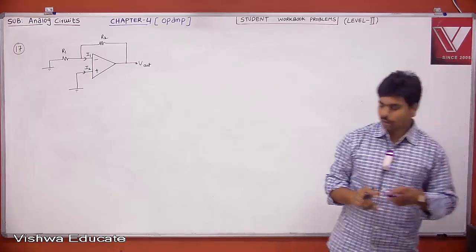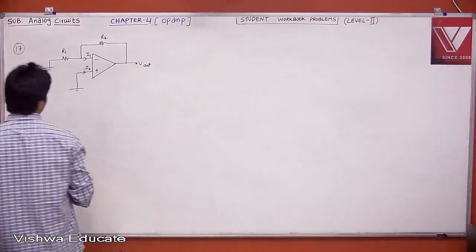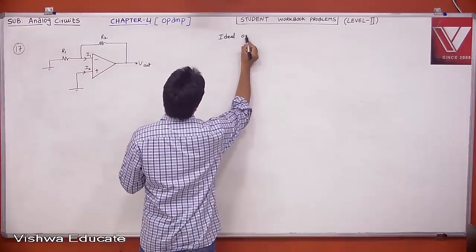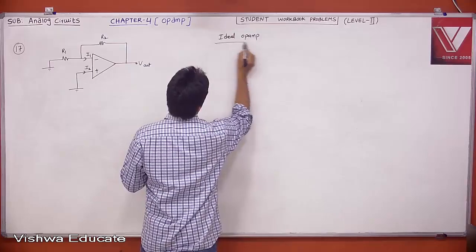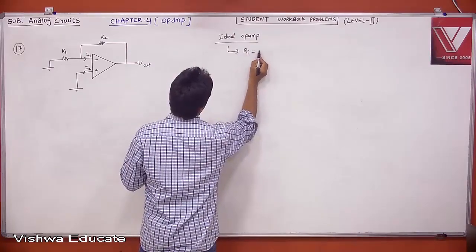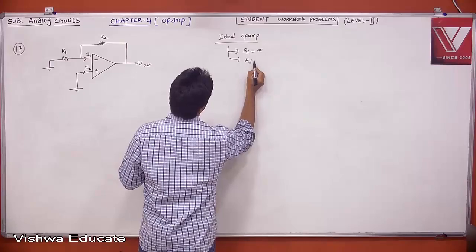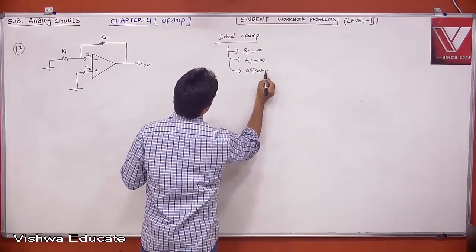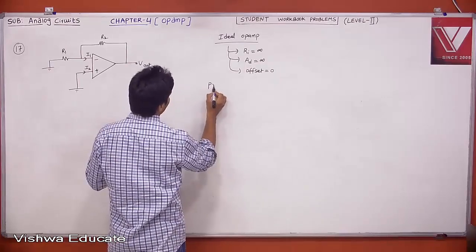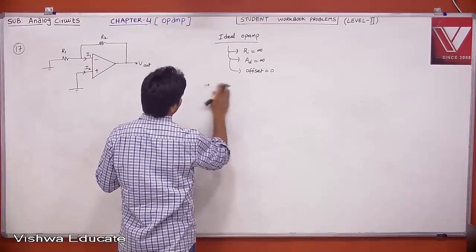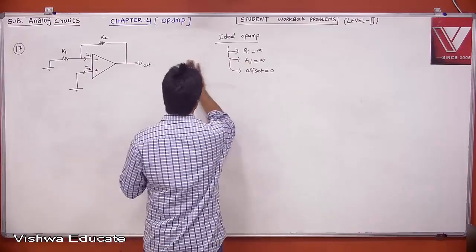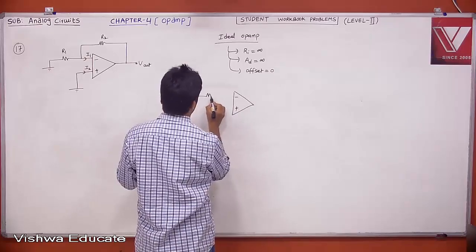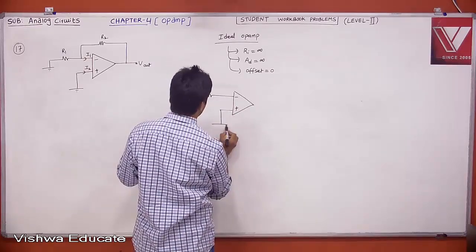If you observe clearly, let us say you take a completely ideal op-amp, where Ri is infinity, your differential gain is infinity, and offset is 0. This is enough. But whatever he has given here is somewhat practical. If you take the same circuit, minus plus, your virtual ground concept is valid.